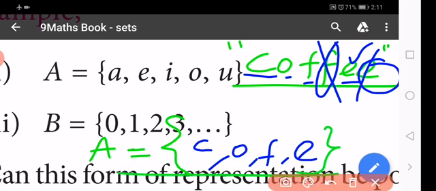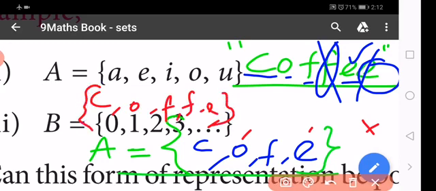Do you understand? Suppose, what are the invalid ones in this method? Suppose you write C O E, so it is wrong. Suppose you use C O F F E, so it is also wrong, because F is listed twice.